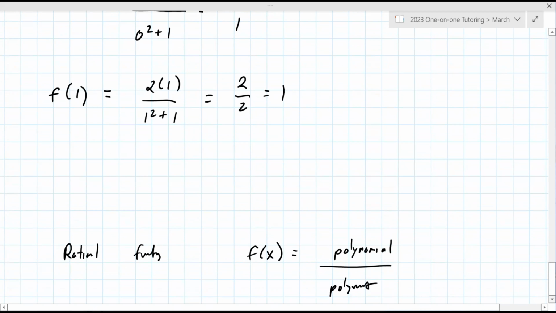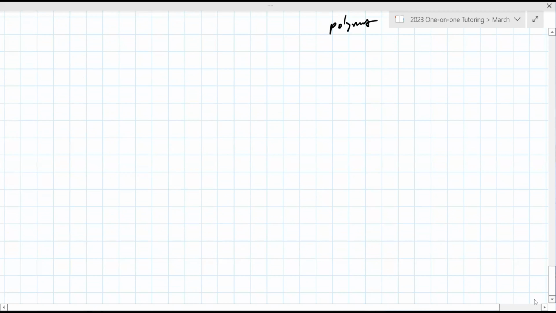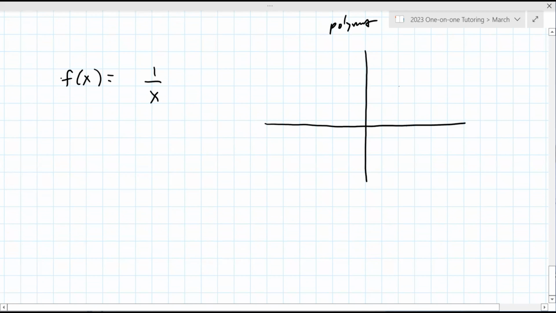Now the most basic type of rational function that you will see is 1 over x. Okay, so this one, 1 is a polynomial, it's just a constant, x is just a line. But when they're put into this format, the graph looks much different than expected. In fact, it has this sort of shape to it here.